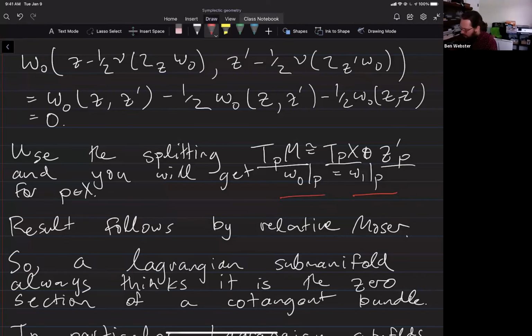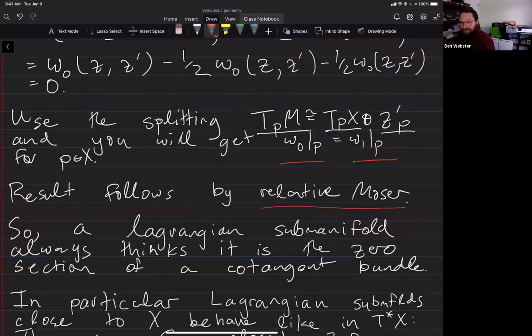And so it follows, using the relative Moser theorem now, that I can take my omega-1 coming from the tubular neighborhood, I can take my original symplectic form, and I can connect them using this usual trick of construct the vector field, integrate it to get the symplectomorphism. Whew. All right.